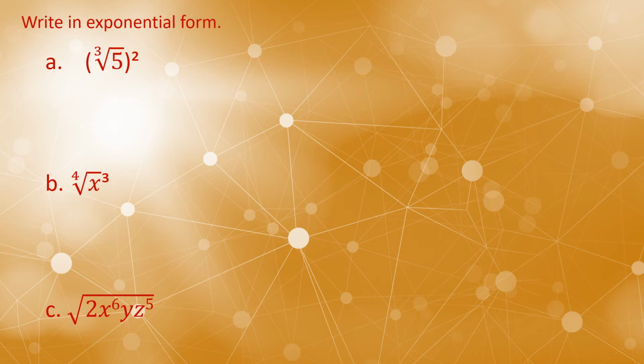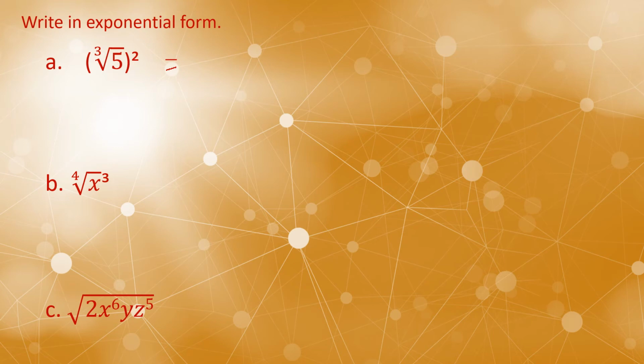Another practice, write in exponential form. This time the given expressions are written in radical form and we are to rewrite them in exponential form. First, we have the cube root of 5 raised to the second power.